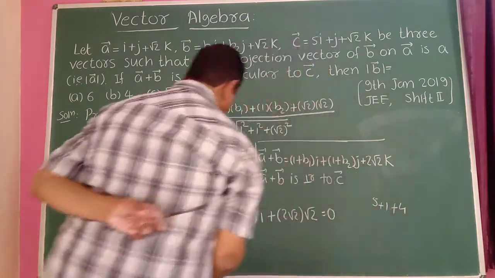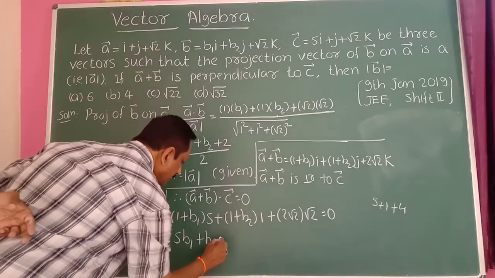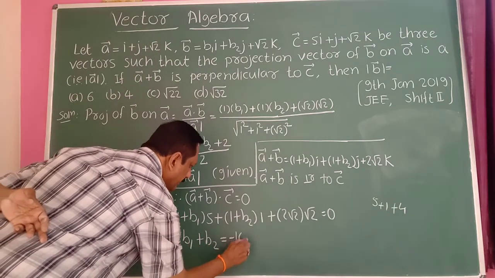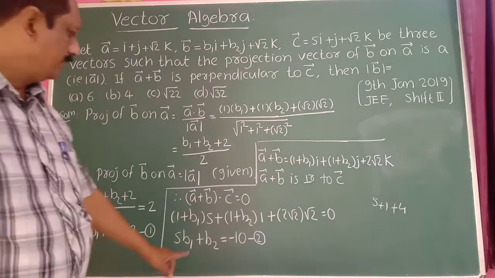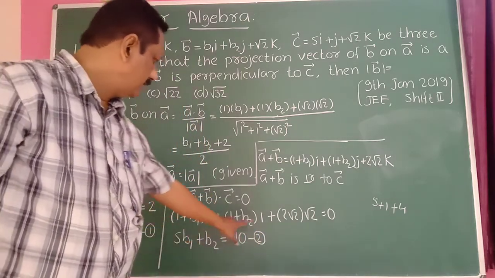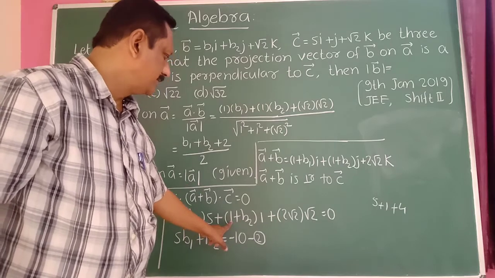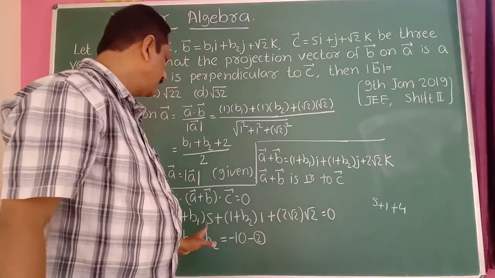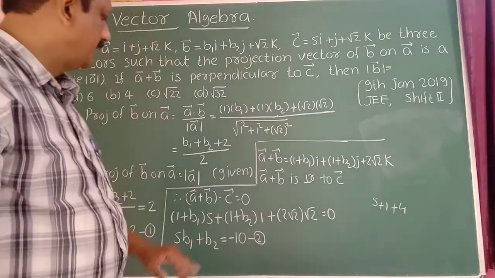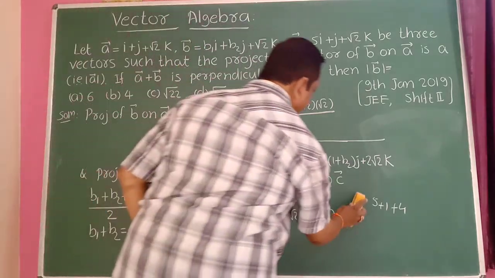Therefore, it gives 10 units here. Therefore, this is equal to minus 10. Take this as result number 2. Take 10 to the right hand side, it gives minus 10.